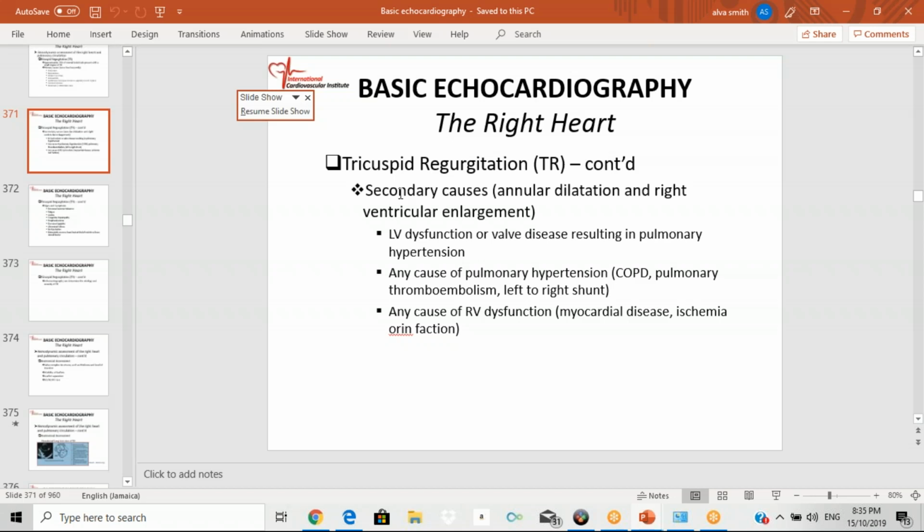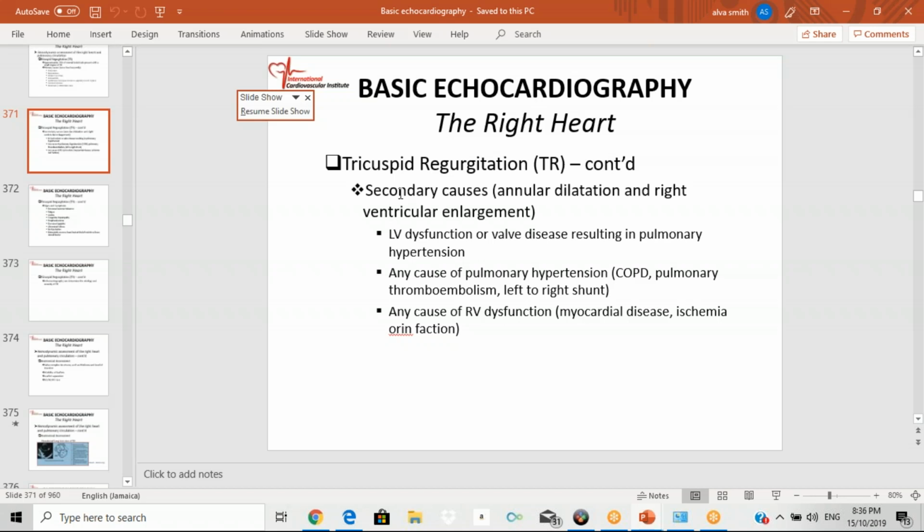So it could be a pure valvular problem in that the tricuspid leaflet may be not functioning for whatever reason, or if the patient has pulmonary hypertension, then there's increased back pressure, which causes the regurgitation. Okay, so you have to think about it logically. So it could be a pure valvular problem, and the valve, for whatever reason, is leaking.